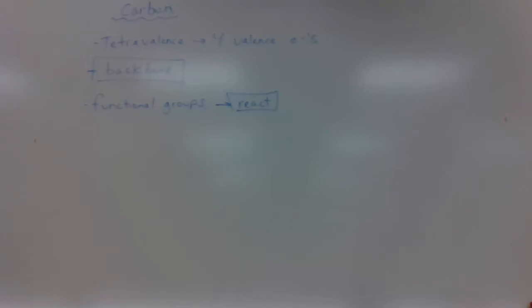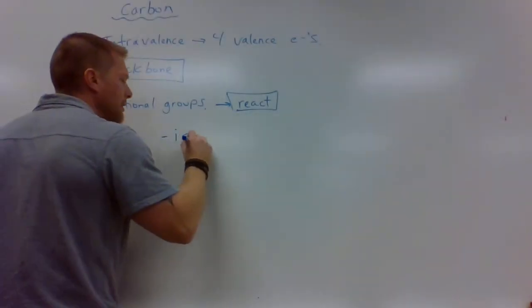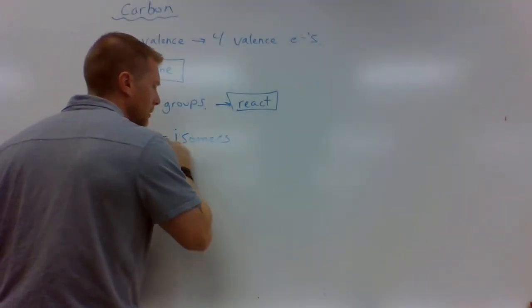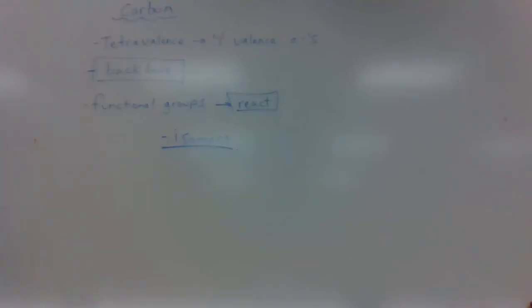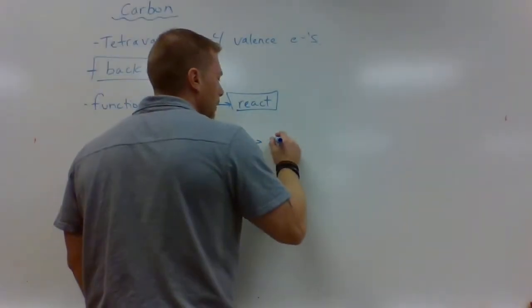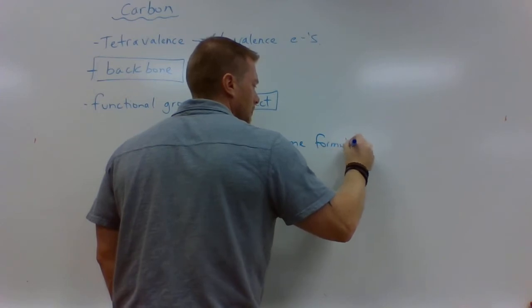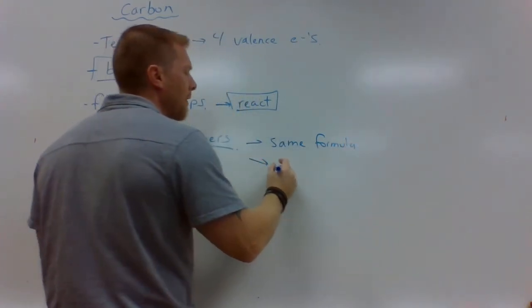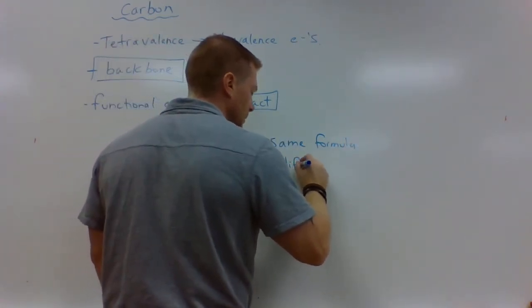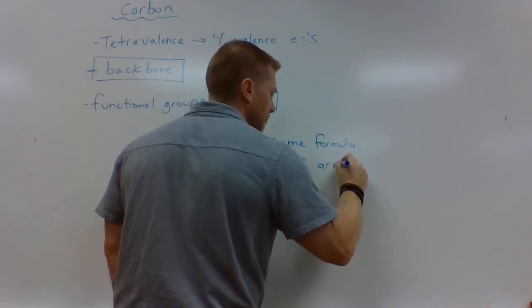If we want to look at a study of the relationship between structure and function, we can look at isomers. Isomers are going to be molecules that have the same molecular formula, but they have a different arrangement.